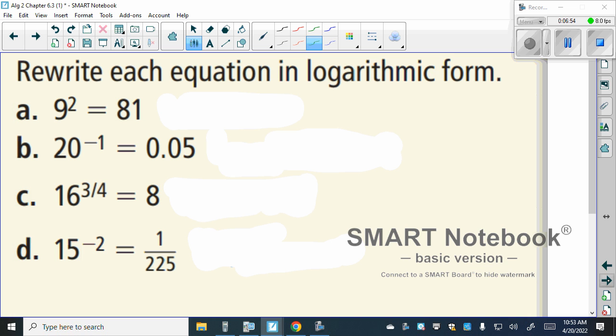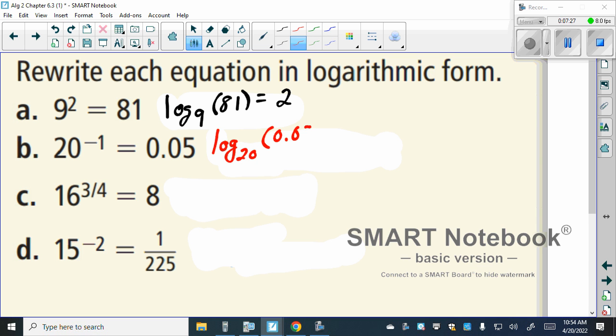Let's do 4 more and then we'll move on. 9 squared equals 81. So what would we have? Log base 9 of 81 equals 2. 20 to the -1st equals 0.05. So log base 20 of 0.05 equals -1.